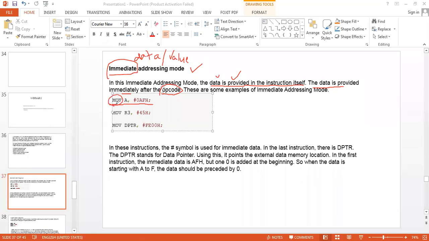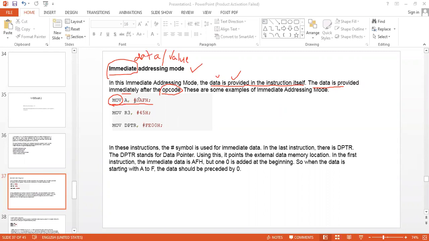This is a mnemonic called move. The explanation of this instruction, in the next slides we will go through all the instructions and their explanations. So now let us understand only one instruction, that is move. Okay, move stands for copy the data or the value from the source operand into the destination operand. Okay, we know the instruction format. That is why I'm telling you. So after the space, what is being written?